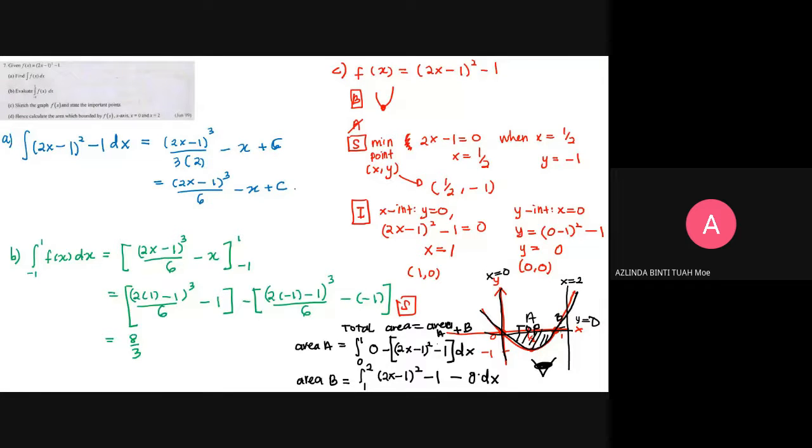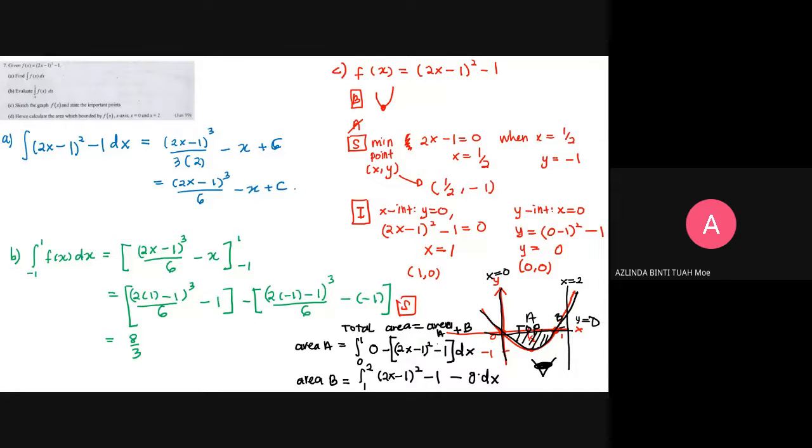Area B, Masni. Muzira, Masni, do you get the answer?